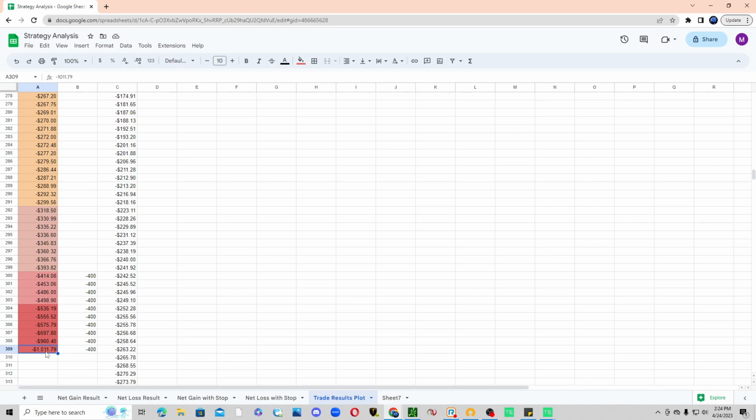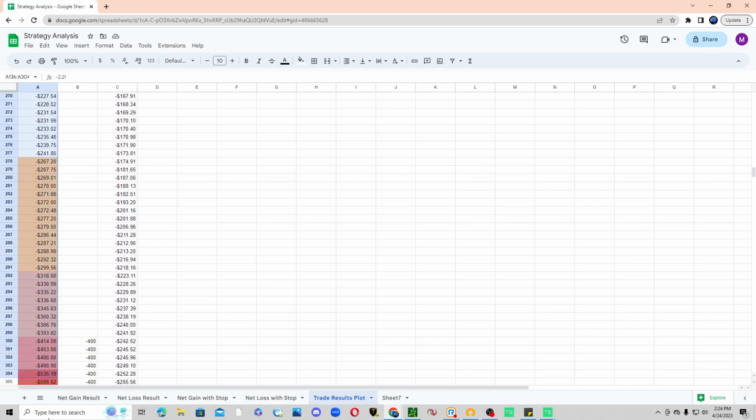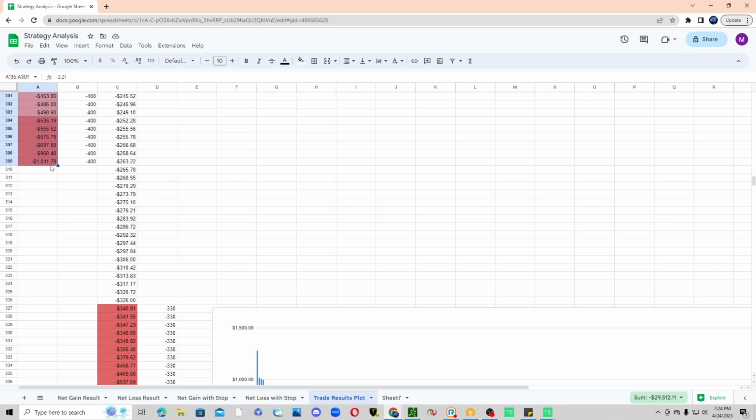Now, if I were to calculate the top 20 percentile of losses, I need to know how many losses I have first. So let's go from here. I have one there. And if I scroll down to the bottom, these are my worst losses, and I have 174 losses. Okay, that's what it says here, 174.